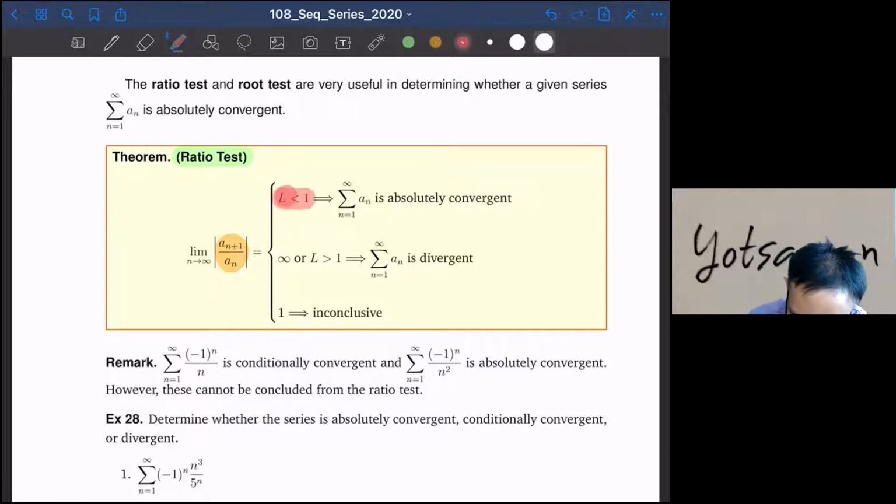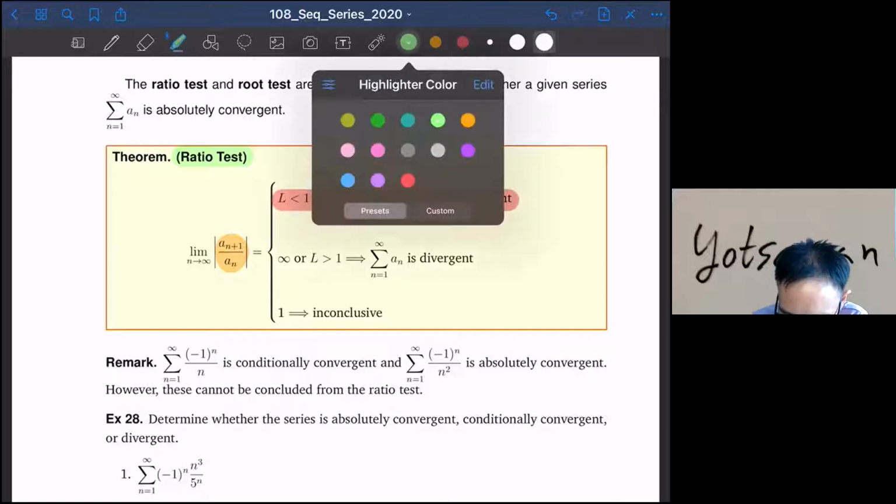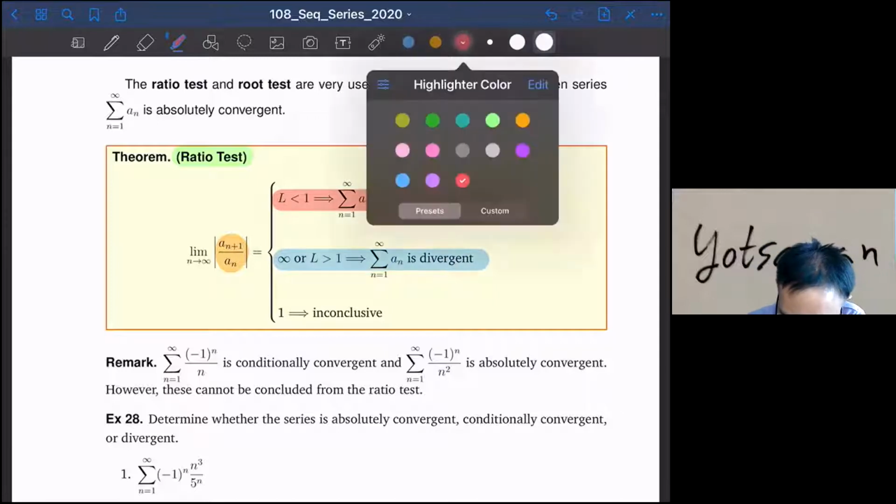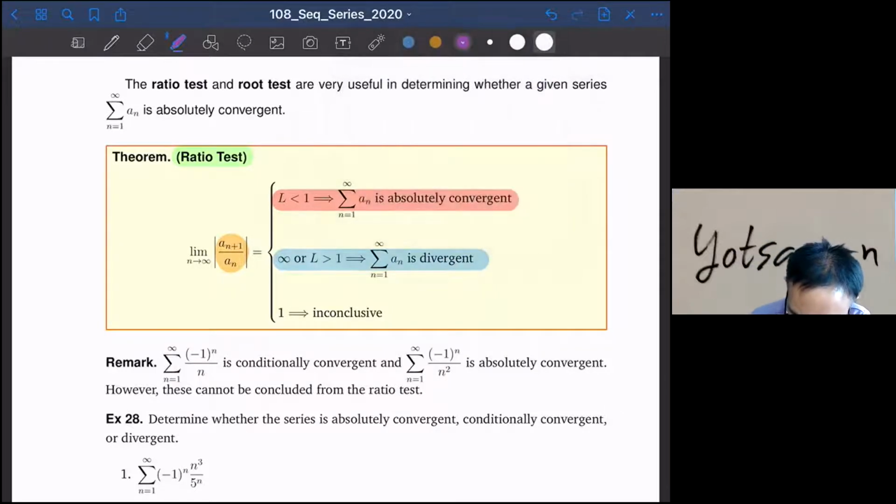If the limit of the ratio is less than 1, the series is absolutely convergent. If the limit is more than 1, or even infinity, the series is divergent. And the important case is when the limit equals 1.